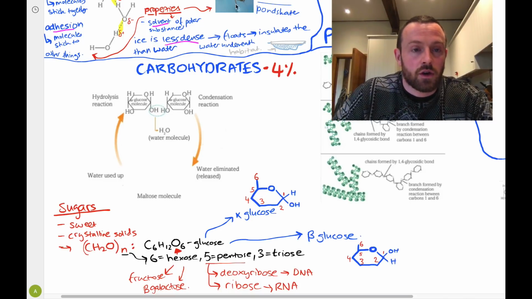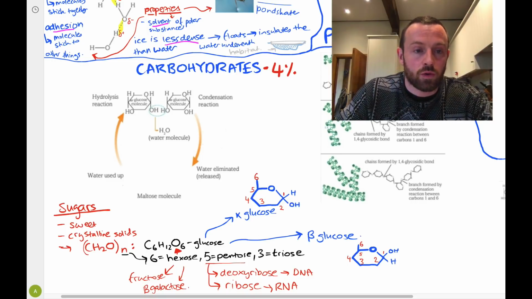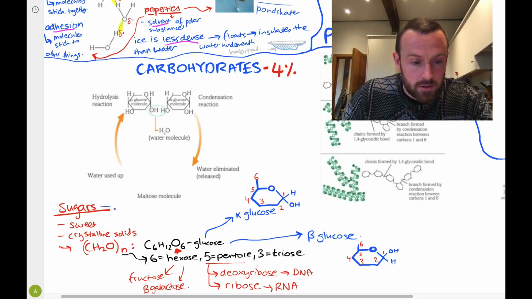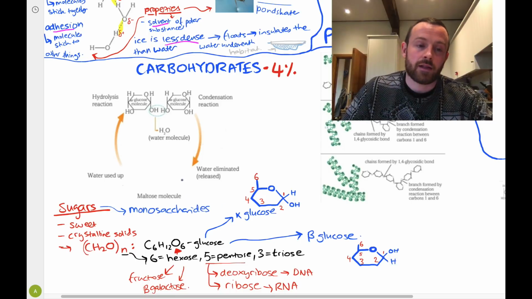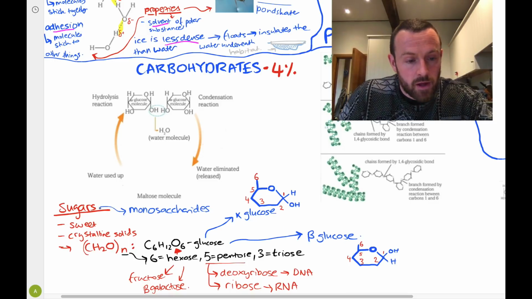Now, sugars are also called, if they're one ring like this, monosaccharides. And that means that they're comprised of one of these ring structures. But they can also be disaccharides.